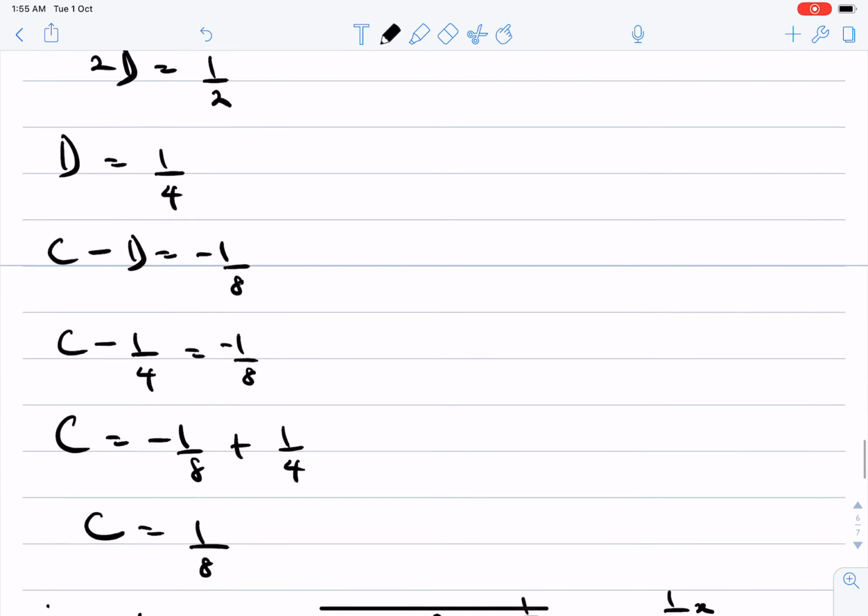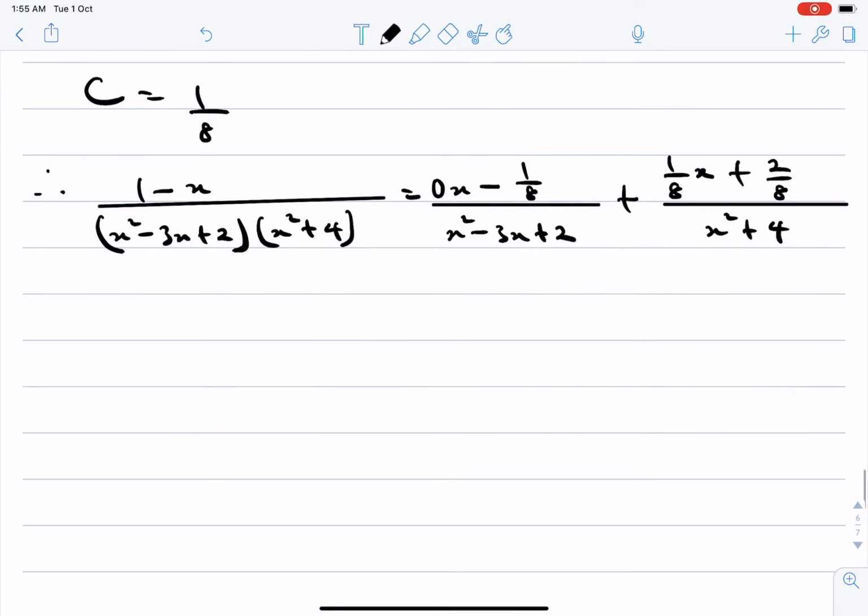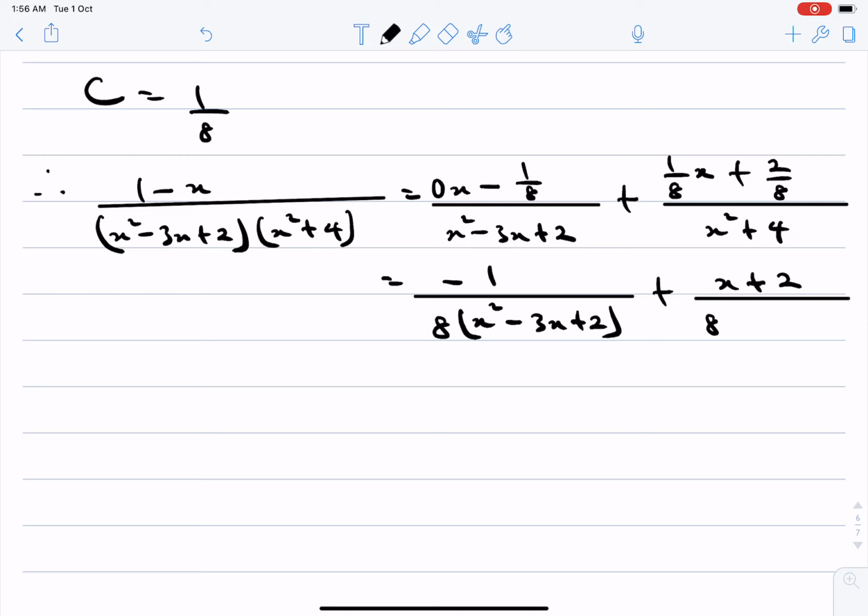D is 1 over 4, but I want it to have the same denominator as c, so I'm writing it as 2 over 8, and that will be plus 2 over 8 divided by x squared plus 4, which simply means minus 1 over 8 times x squared minus 3x plus 2, plus x plus 2 over 8 times x squared plus 4.